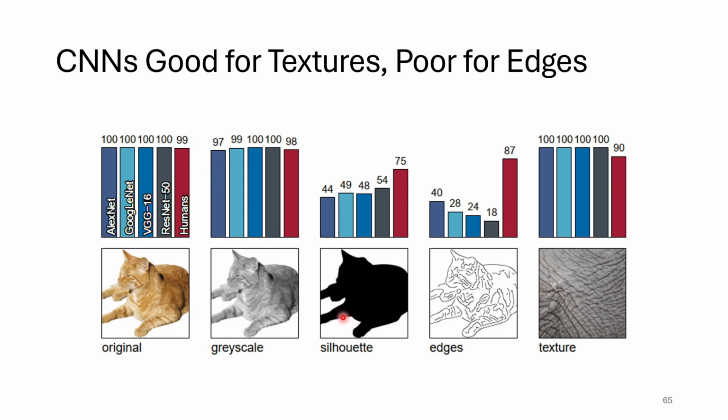If it uses silhouette, then it drops significantly. If they use edges, it further drops significantly. But if you use texture, CNN networks generate very good results. So that's the evidence to show the inductive bias of convolutional networks.